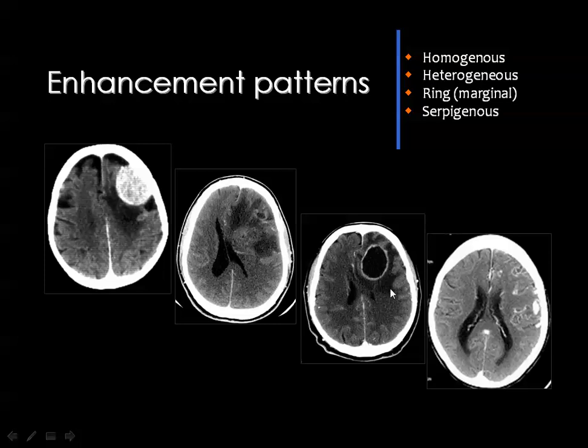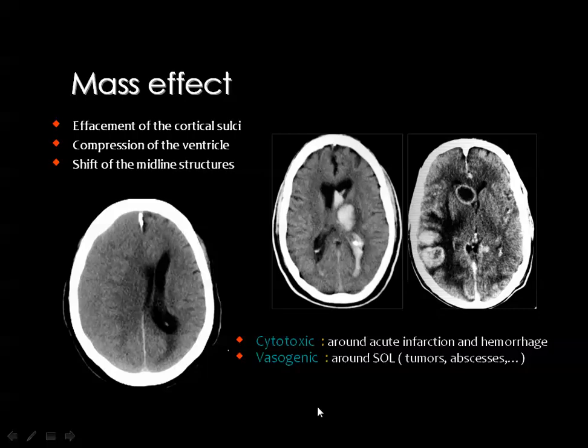Or the margin only of the lesion is taking contrast media, then we call this ring enhancement or marginal enhancement. Or you can see at the site of the lesion multiple tortuous serpiginous vessels or linear pattern of enhancement, what we call the serpiginous enhancement.